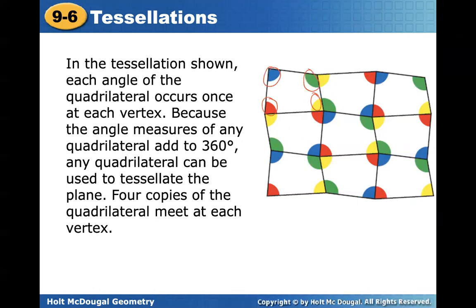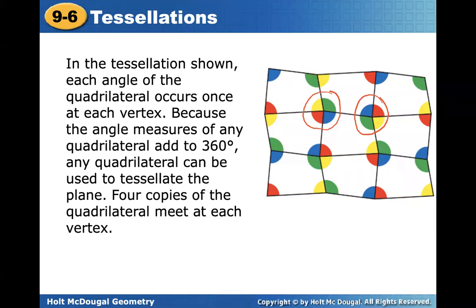And those 4 angles should add up to 360. So when we've tiled this or drawn this tessellation, in each vertex we have one of each color, hence giving us exactly 360 degrees.